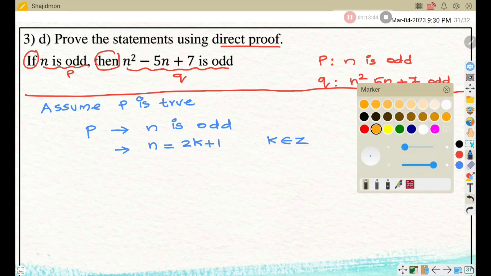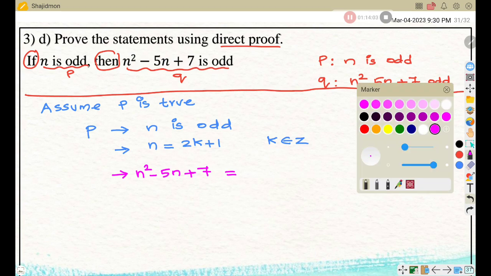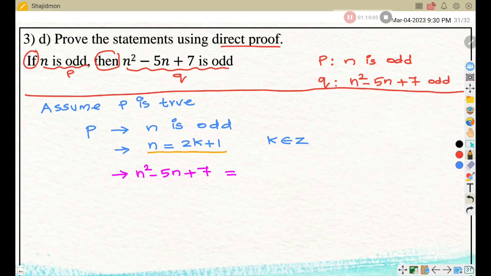Now where do we need to go actually? We need to show Q is also true. We need to prove that one. That means n square minus 5n plus 7 should be an odd number. Like that we need to get. So just start: n square minus 5n plus 7 equals, okay, just apply the n we already know, n means 2k plus 1, just replace n wherever n comes, just write 2k plus 1, correct?